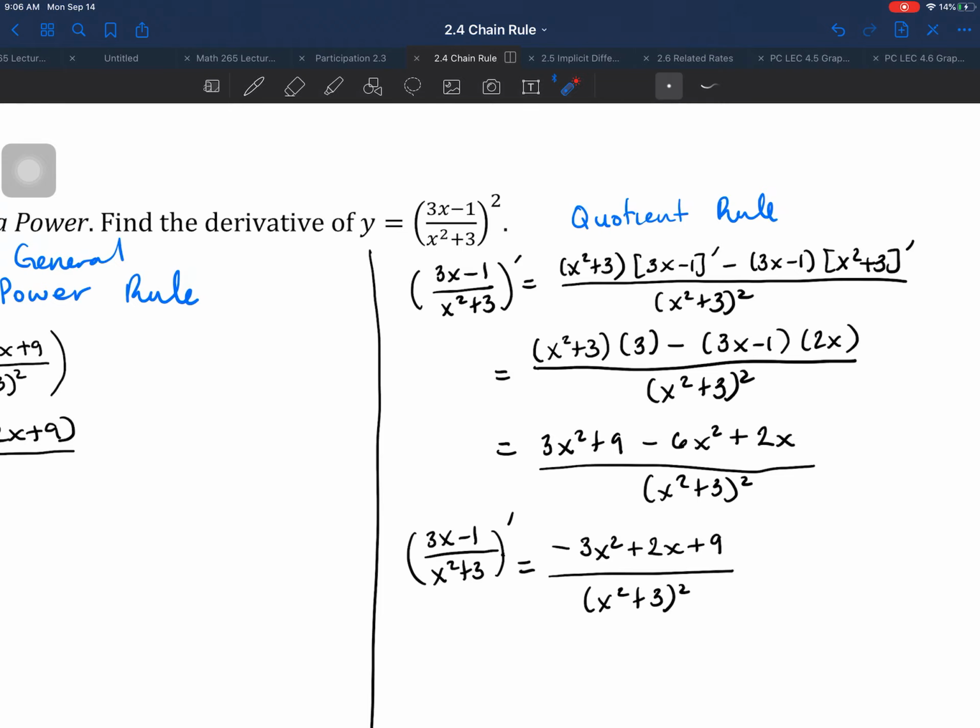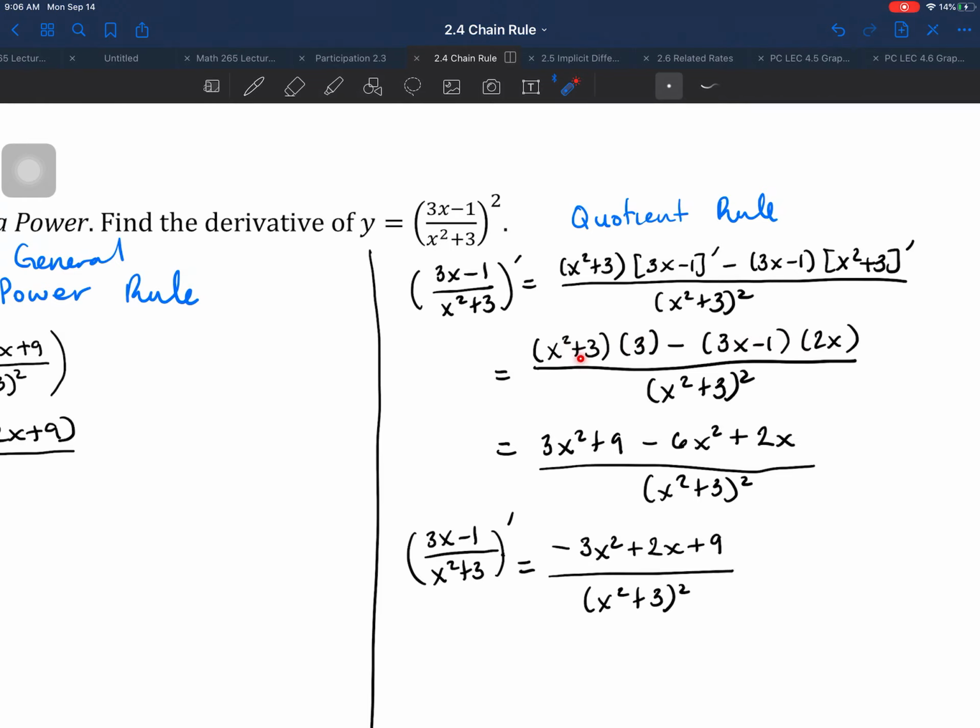Alright, so the first one stays the same. The second one, the derivative of 3x minus 1: the derivative of 3x is 3, the derivative of negative 1 is 0, so it's just 3 plus 0. Followed by the minus, followed by 3x minus 1, followed by the derivative of x squared plus 3, which is just 2x, right? And then multiply and distribute and simplify.